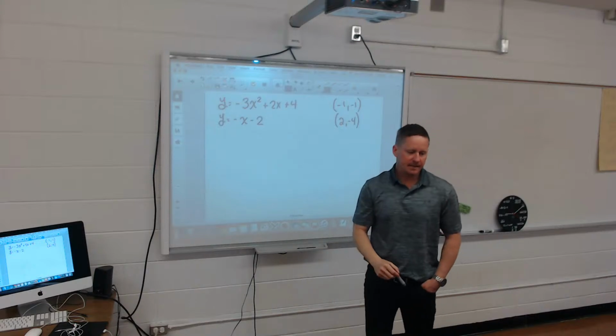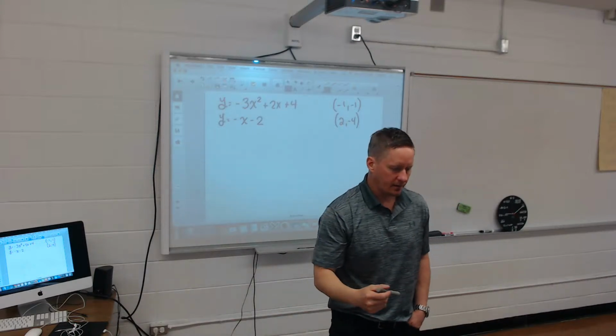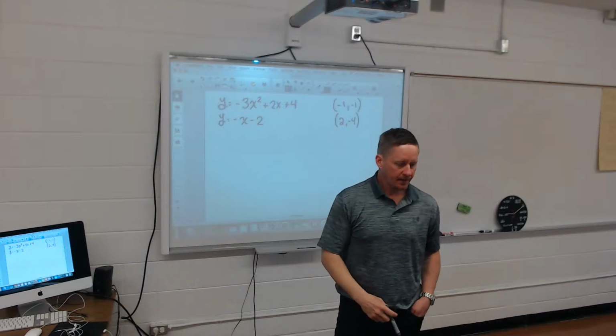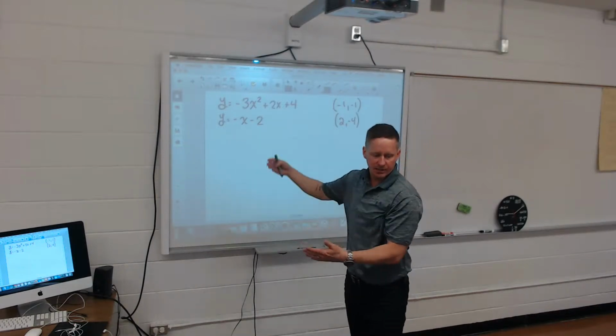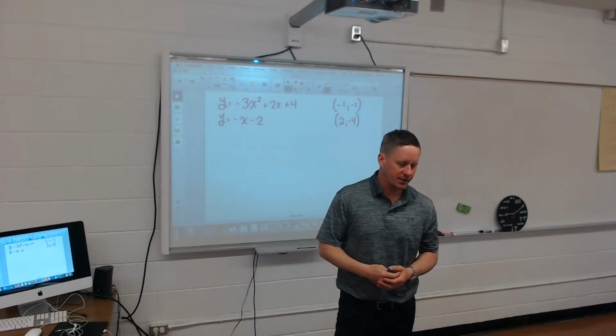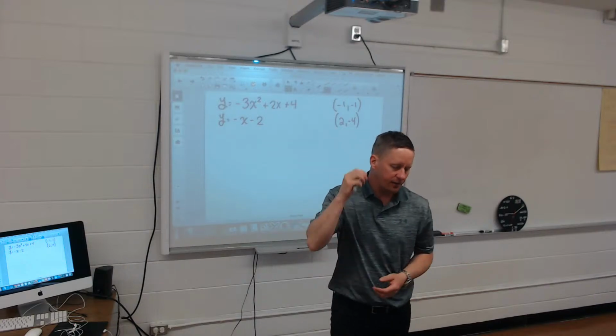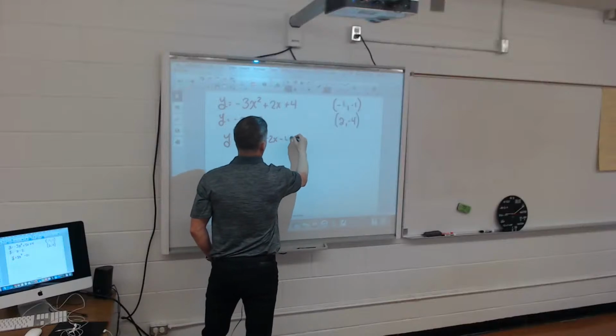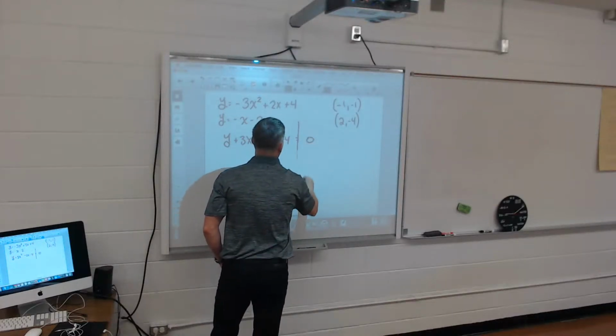So what that means is if I substitute those into my equation for x and y, the left side of the equation is going to equal the right side for both equations. They're going to satisfy it. So if you look at negative x squared minus 2x minus 4, that should equal 0.